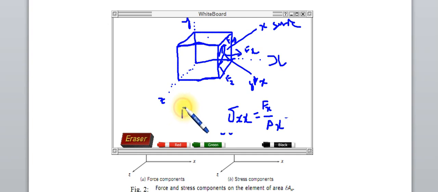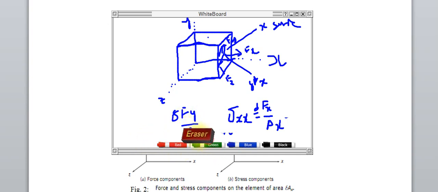But look at this one, the force acting in the y direction. The force is in the y direction on the small area del Ax. This is also a small force. Look at this, the y direction, but the plane is x, the same plane I have considered. So the force per unit area, and the plane is x.